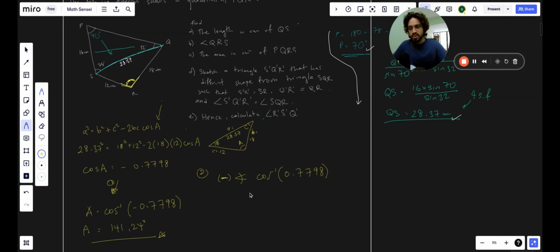Once you solve this, you will realize that your reference angle, which is in the negative quadrant, should be 38.76 degrees. It's actually better to put more decimal places, so it becomes 577, for example. So this is the acute answer.